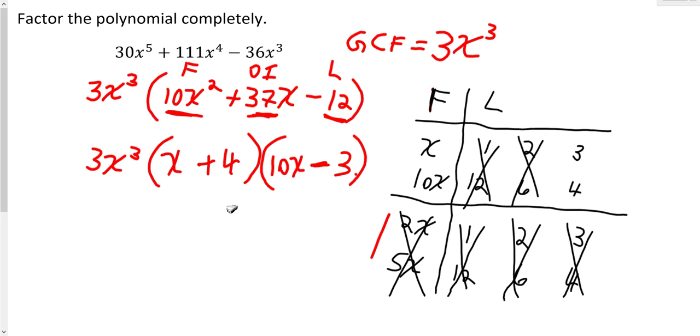And then I just checked outside, outside, inside, inside to see if I could make the middle term. And it worked out. So a lot of times when you think a polynomial is prime, all you really have to do is be methodical about it and check each of the choices that you have for first, and last. So this way of organizing your thoughts helps me. So maybe it'll help you.